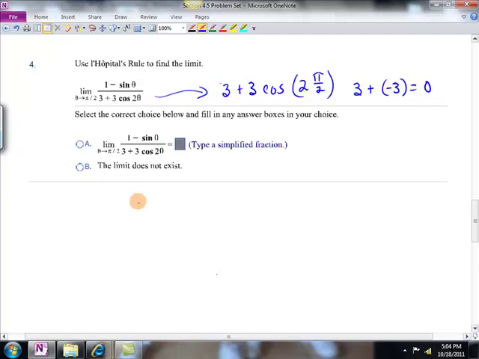Okay? So f prime of theta would be negative cosine theta. g prime of theta would be, let's see, sorry, that would be 3 sine 2 theta times the derivative of that is 2, and actually that's a negative sign.